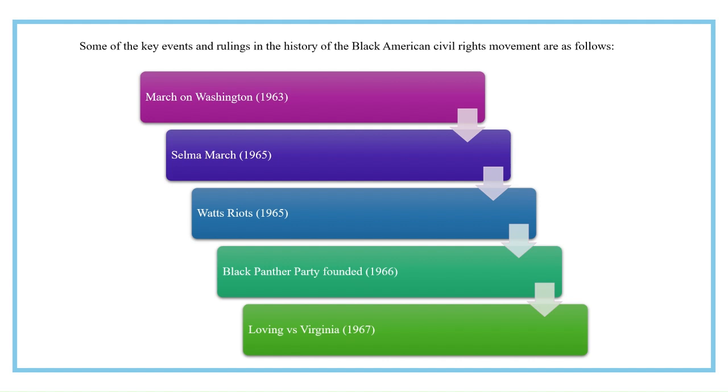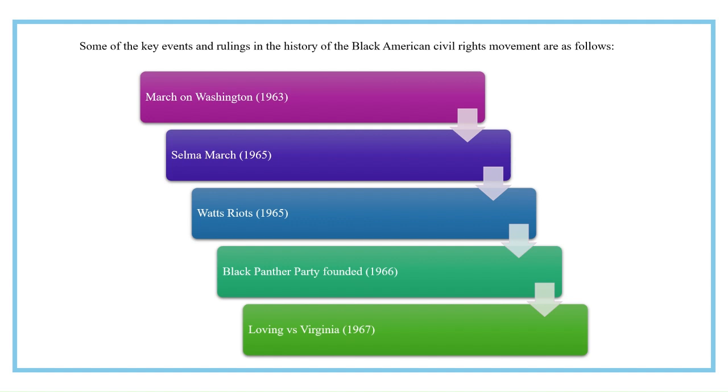This prompted President Johnson to introduce voting rights legislation, and the Voting Rights Act was signed into law on August 6, 1965.